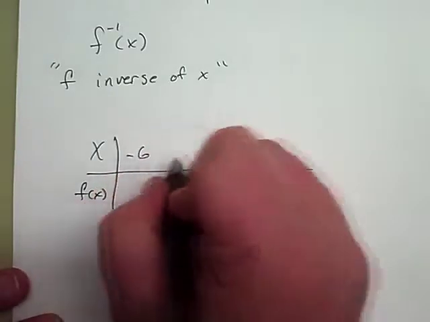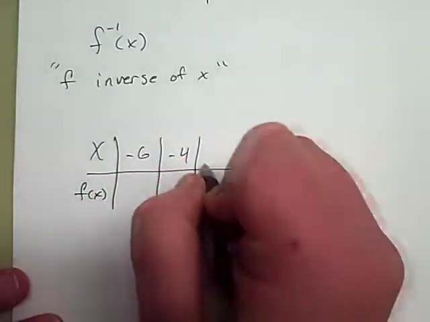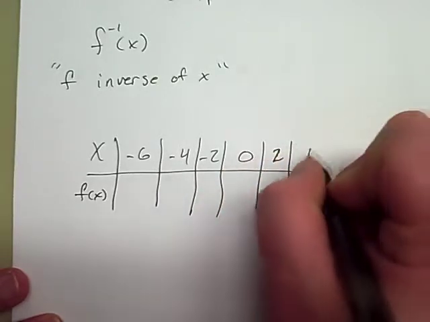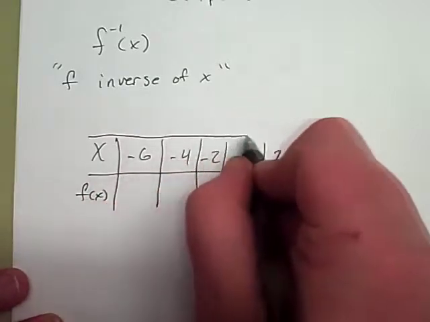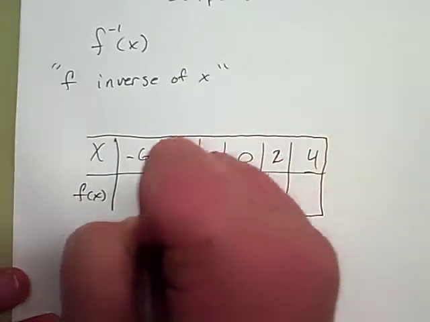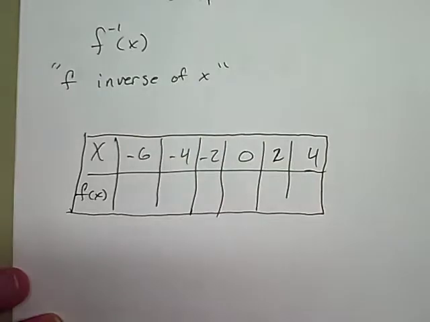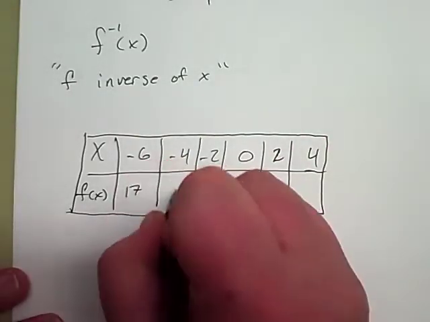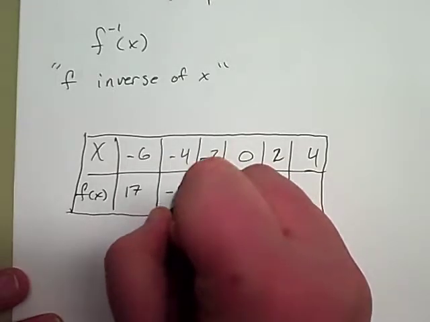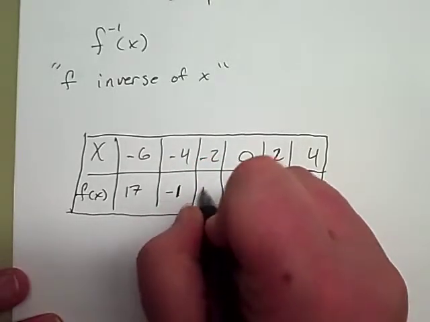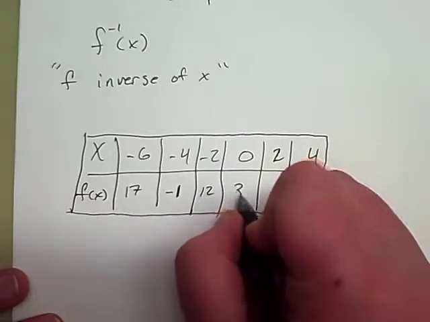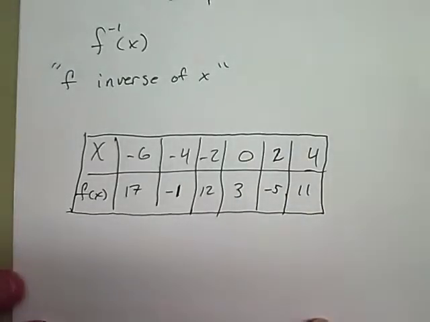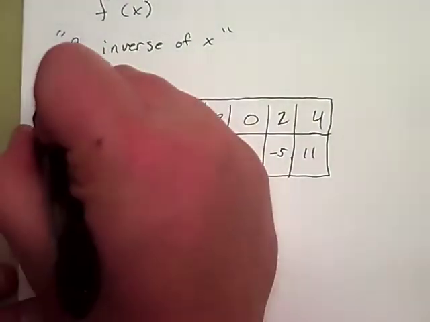Let's say we have -6, -4, -2, 0, 2 and 4, and then 17, -1, 12, 3, -5, and 11.